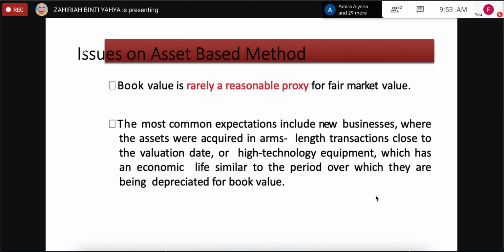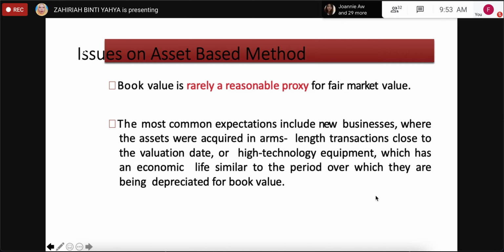Betul lah yang Brian cakap tu. Difference between the total asset and the total liabilities. Okay, betul lah. To get book values, kita asset tolak liabilities.